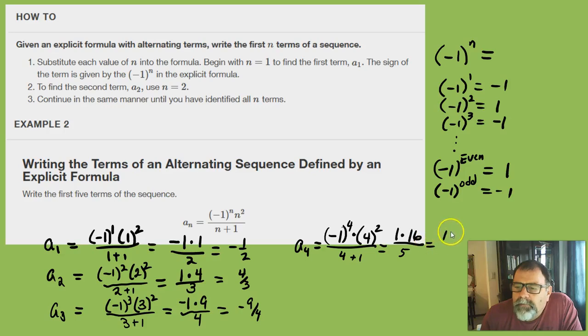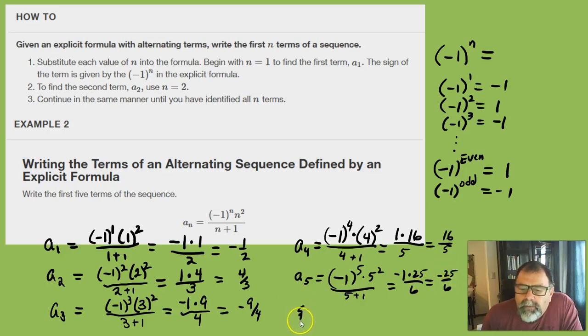So we get 16/5. And then the 5th term, we get negative 1 to the 5th times 5 squared over 5 plus 1, which is negative 1 times 25 over 6.